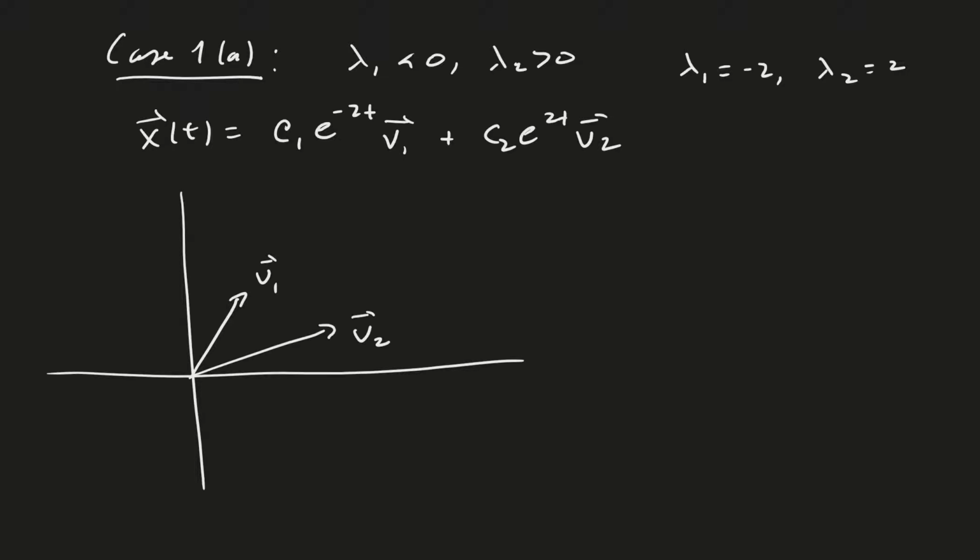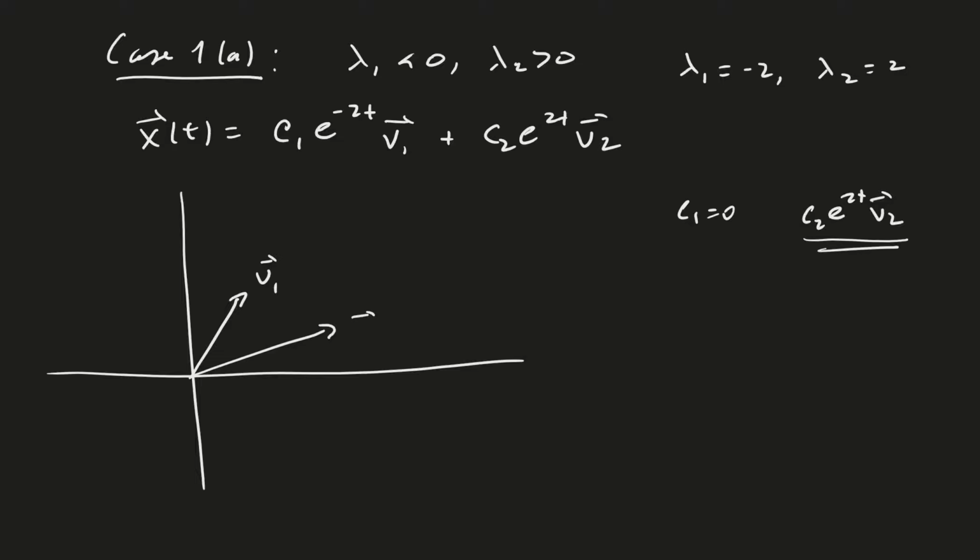Okay, so now let's pretend that c1 is equal to 0, right? And so we're just looking then at c2 e to the 2t v2. Now what's that going to look like for different values of c2? And then what happens over time?